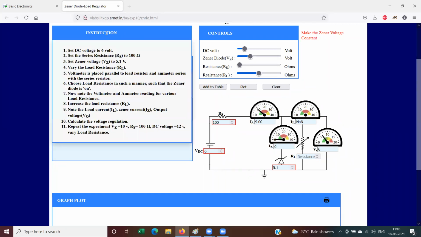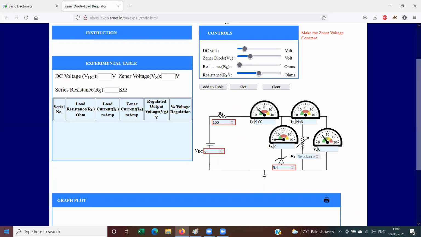Okay. Now vary the load RL. What are the limits? RL is 150.